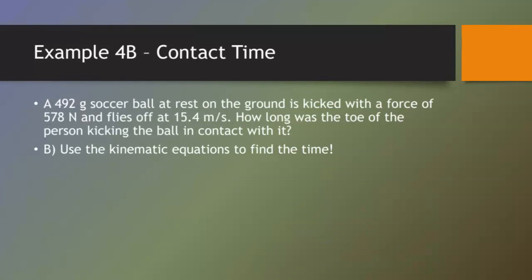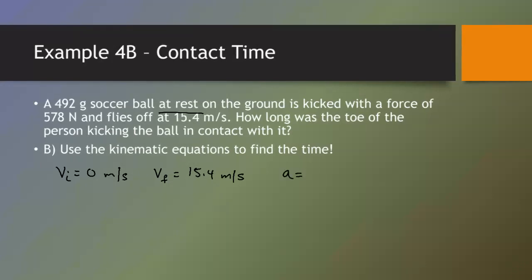If we want to find the time, well, we know it started at rest, so it starts at 0. It leaves after the force is applied at 15.4 meters per second.